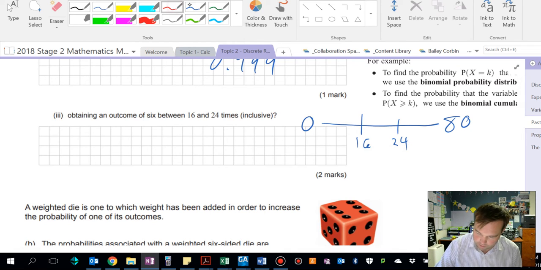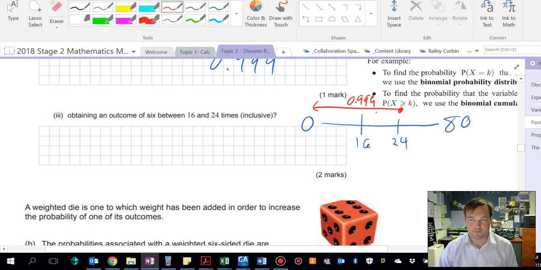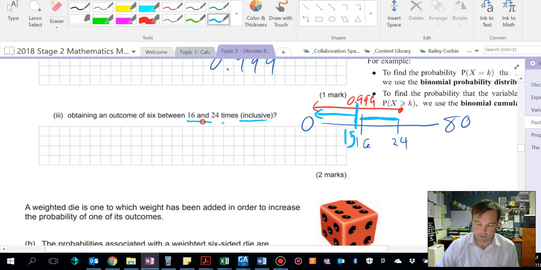We've already found that 24 and lower is 0.999. If we want to hit this gap here, we'll have to do 0.999 subtract that.